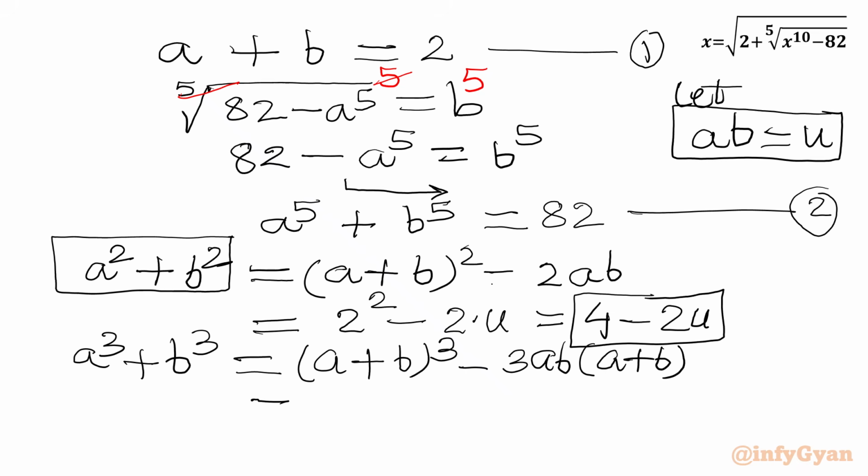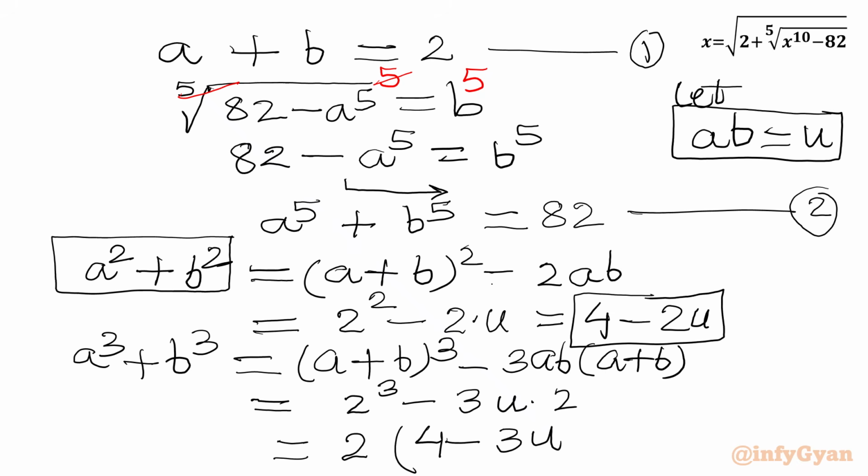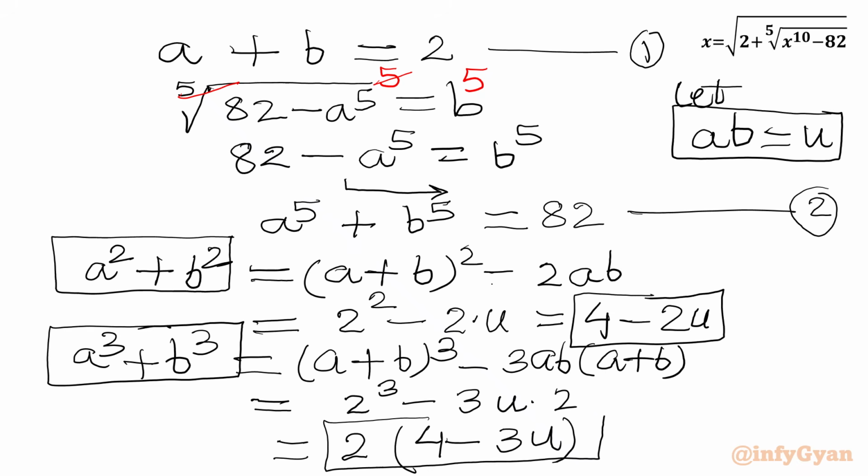A plus b is 2, so 2 cube minus 3 times ab is u, a plus b is 2. We'll take 2 common out. So in the bracket we will get 4 minus 3u. This is the value of a cube plus b cube: 2 times 4 minus 3u.